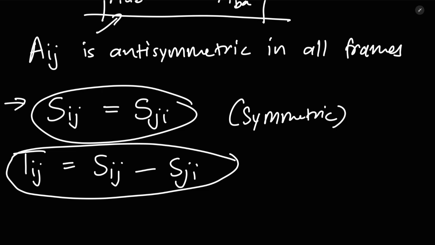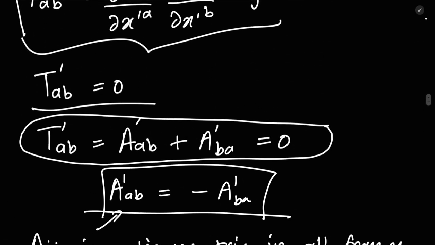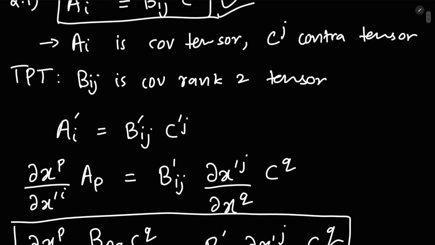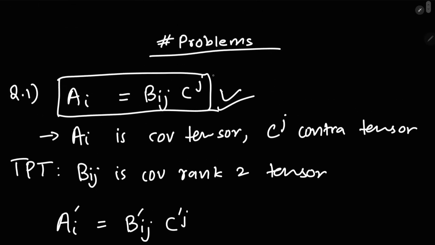And we'll need many of these properties of symmetric tensors, antisymmetric tensors, 0 tensors, and relations like the one I proved here, that if Cj is a tensor and Ai is a tensor, then if this relation is true, Bij should also be a tensor. Properties like these will come in handy when we do GR. So it's important that you solve more problems and get good at tensor algebra. Thank you.